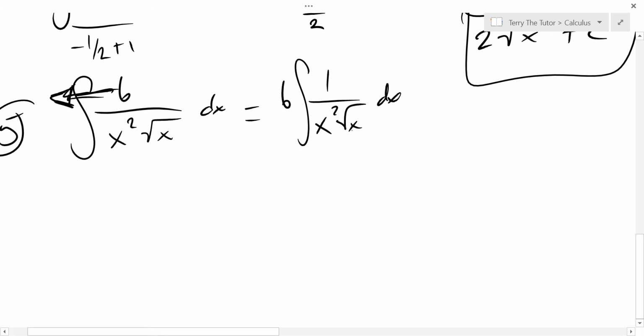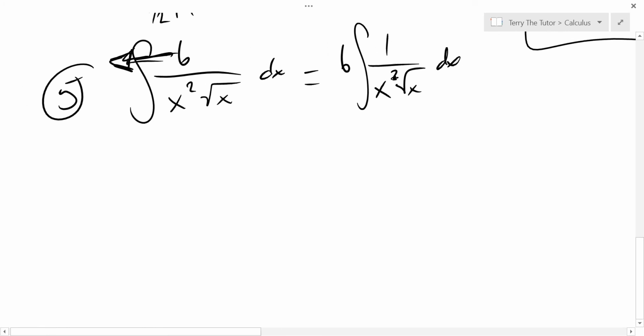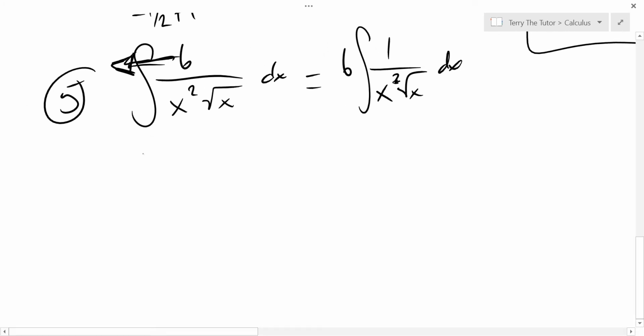My next step is to multiply the x squared and the square root of x. As we covered before, last example actually, the square root of x is the same as x to the 1/2 power. So we've got 6 integral 1 over x squared times x to the 1/2 power dx, which we would wind up adding our exponents because we're multiplying the bases.